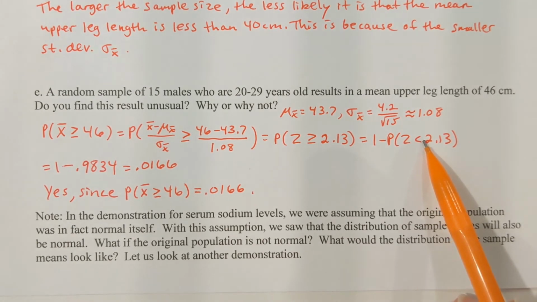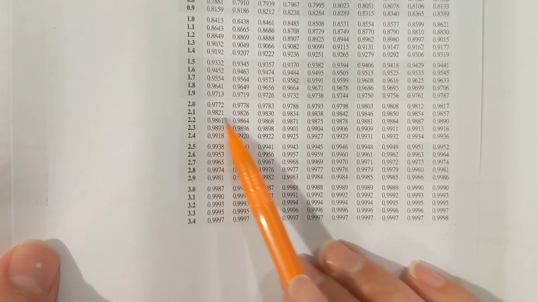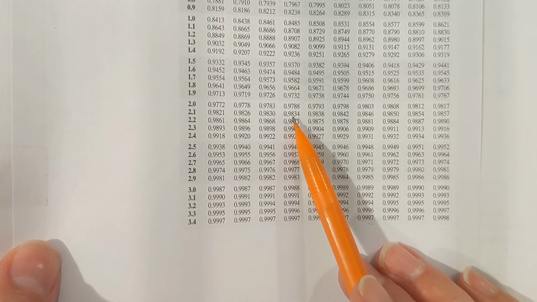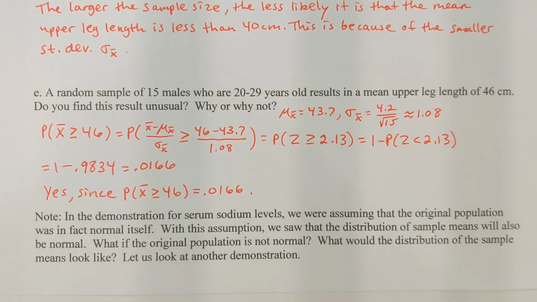Now you can go to the chart and look up that area to the left of 2.13. Area to the left of 2.13, I'm getting 0.9834. And subtract that number from 1, and we get 0.0166 as the probability here.